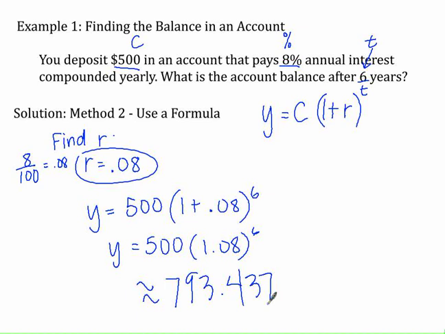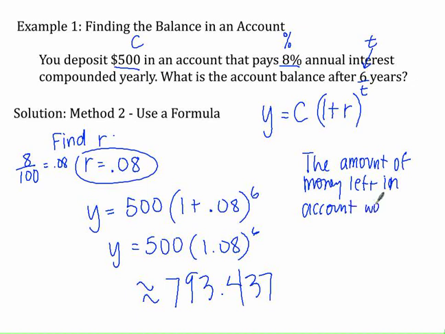We're working with money, so when we answer our question, the amount of money left in the account would be, using the dollar sign, $793. And of course, I'm going to round it to the cents unless otherwise specified, so 44 cents. And that is our complete answer for this one.